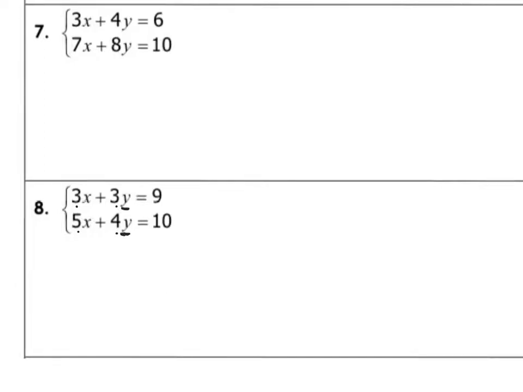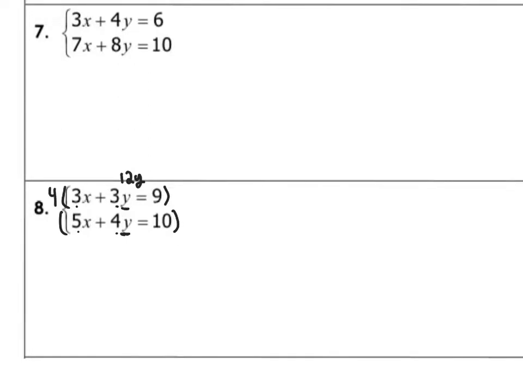We want to figure out the lowest number that 3 and 4 have in common. It should be 12, so we want 12y for both of these. What times 3y gives us 12y?